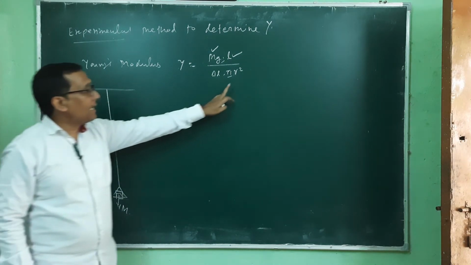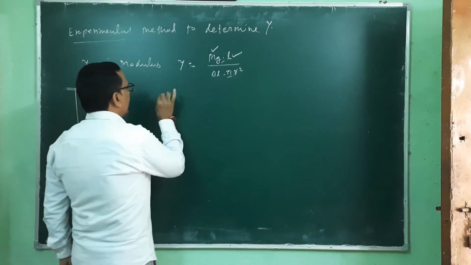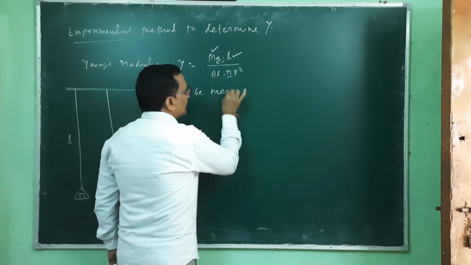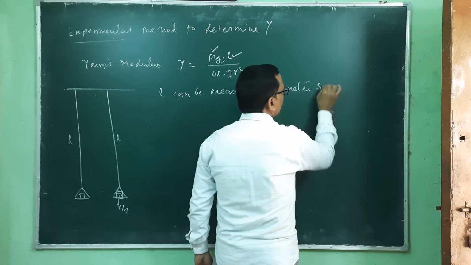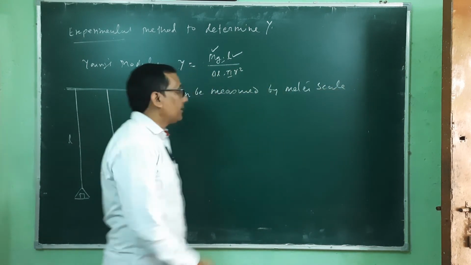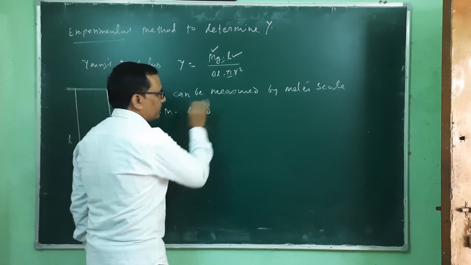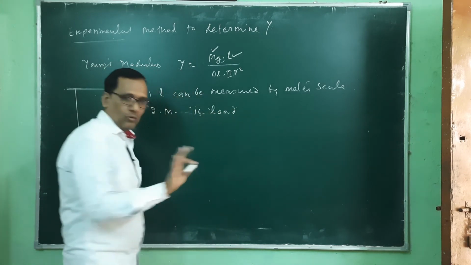Next is R, the radius of the wire. The length L can be measured by meter scale. That is the first parameter. Second, mass, the load, is also known.